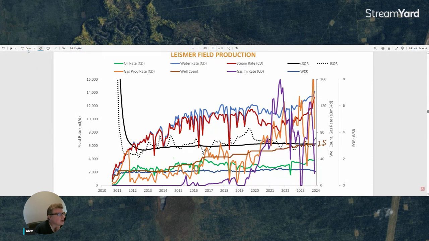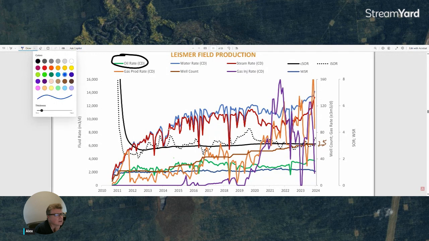So let's see what we covered so far. We covered oil rates. So we talked about oil rates, so we see them. Gas production rates in this orange line. Water rate, which is I guess water production rate in the blue, which correlates with what? What does water production rate correlate with? So this thing.